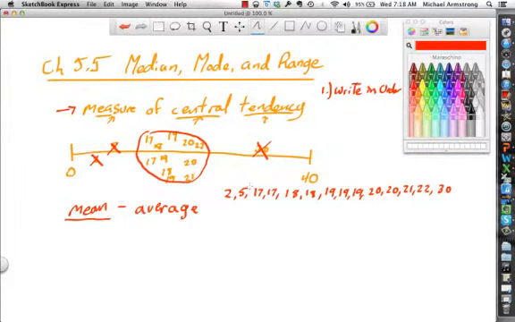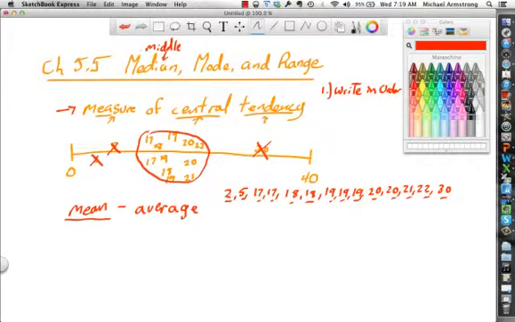Okay, so this is my data set, and for finding the median, it's the middle number. The middle number is what the median is. You're just going to have to remember that. Write it down or look it up in the book. The median is the middle number. So we have to go and find the middle number. Now there are 14 numbers.